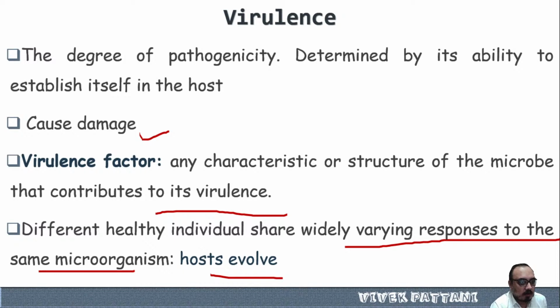For example, on one end of the spectrum are organisms that are highly virulent. Highly virulent pathogens will almost always lead to a disease when introduced to a body, and some may even cause multiple organ or body system failure, even in healthy individuals.